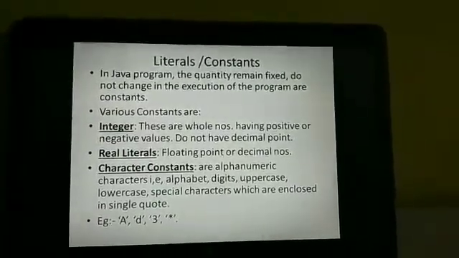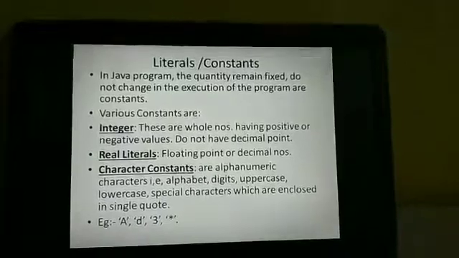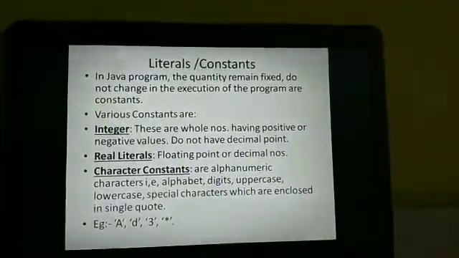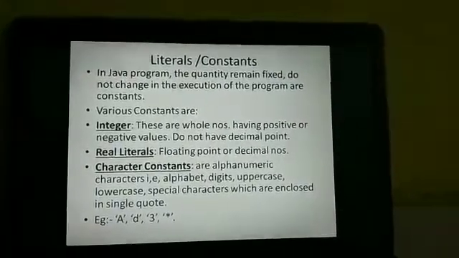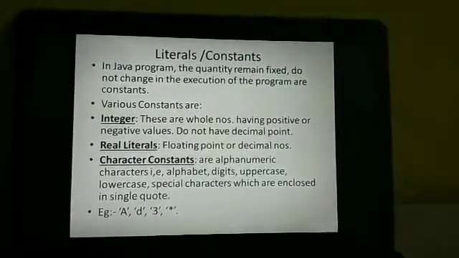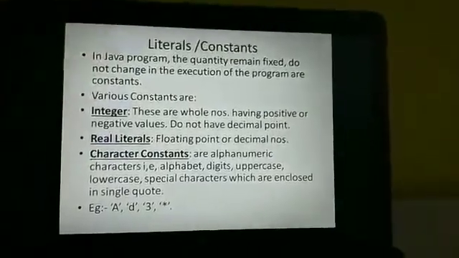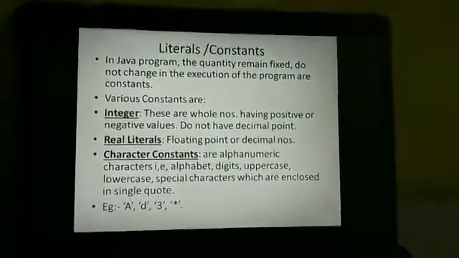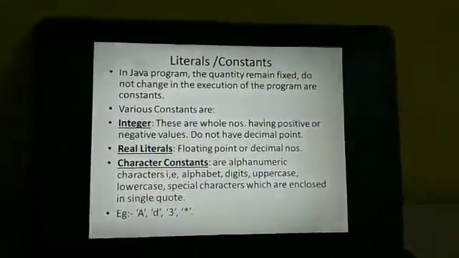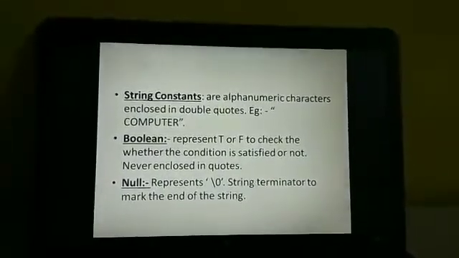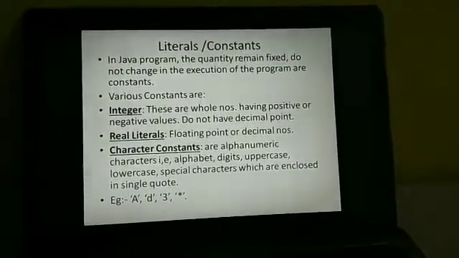Let us start with the first token, literals, also called constants. In a Java program, a quantity that remains fixed and does not change during the execution of a program is called a constant. Various constants are integer, real literals, character literals, string, boolean, and null.